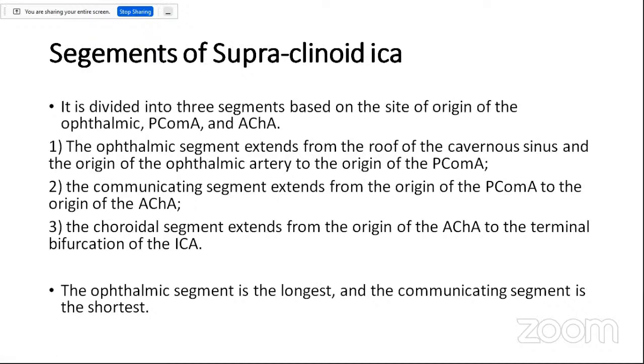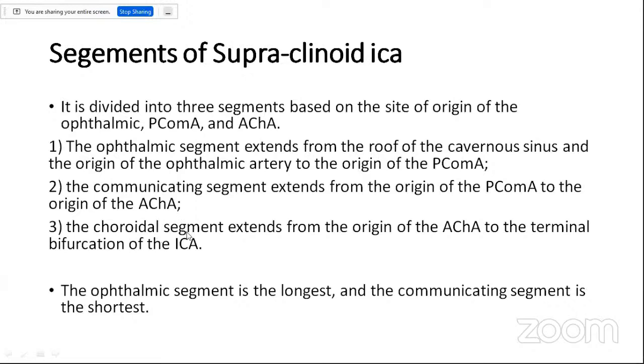So the supraclinoidal ICA is divided into three segments based on the site of origin of the ophthalmic, PCOM, and anterior choroidal. The ophthalmic segment is the initial most segment. It extends from the roof of the cavernous sinus and the origin of the ophthalmic artery to the point of origin of the posterior communicating artery. The next segment is the communicating segment, which extends from the origin of the PCOM artery to the origin of the anterior choroidal.